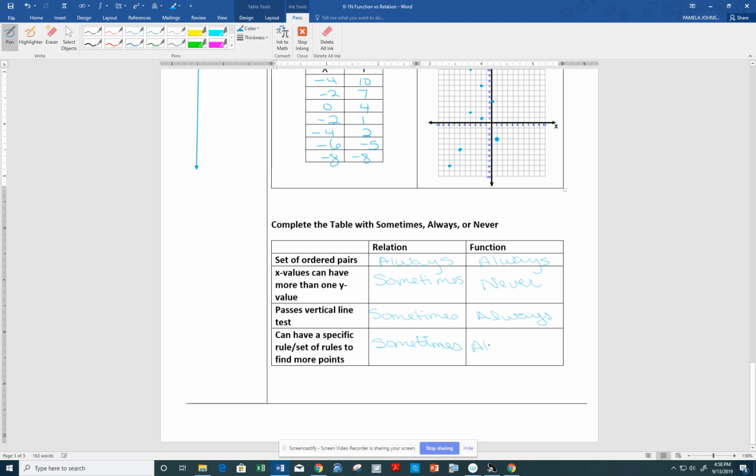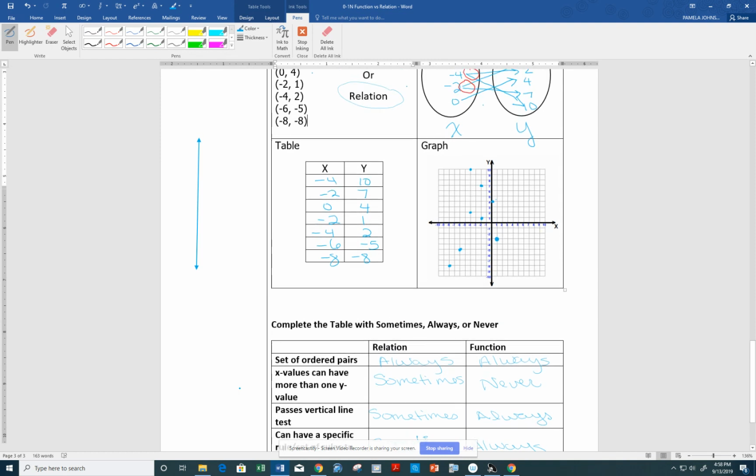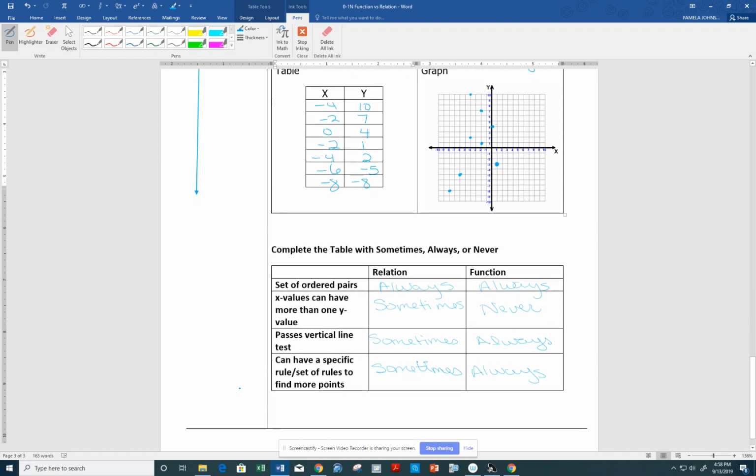Now, it may have a set of rules: for a certain set of X values, we're going to use one rule, and for another set of X values, we're going to use a different rule. But there will always be a specific rule to get from an X value to the Y value it needs to pair with.